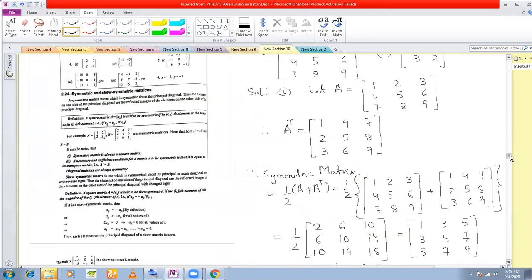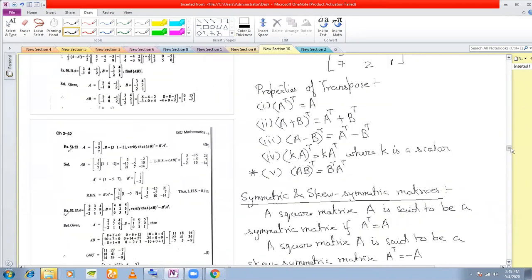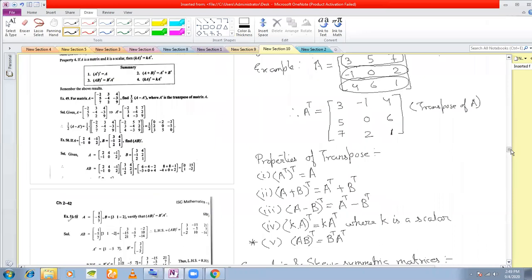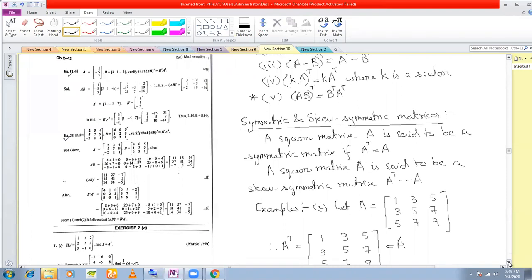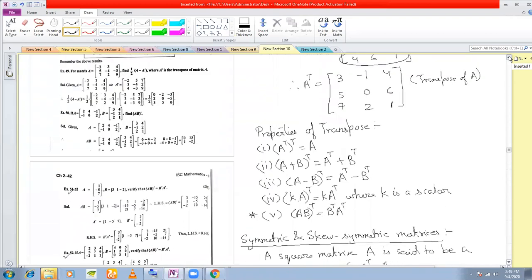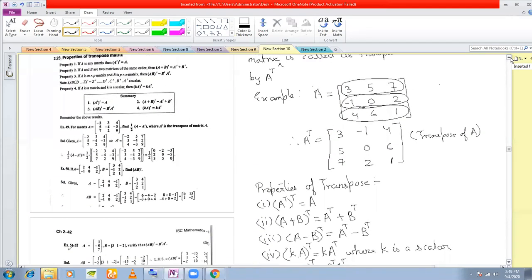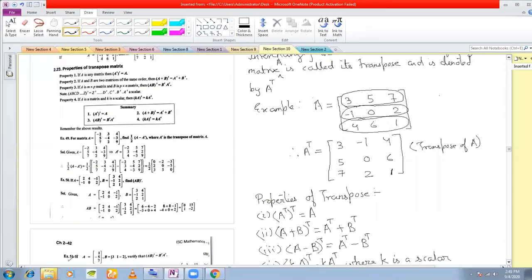Okay, so let's see if there are any exercises here in between. See this sum, you can go through. What you do is, you go through the examples. Instead of doing the problems, some ISC problems I will solve. You go through some of the examples here.